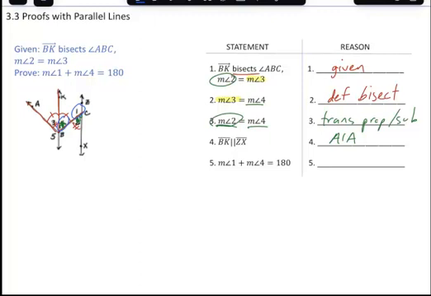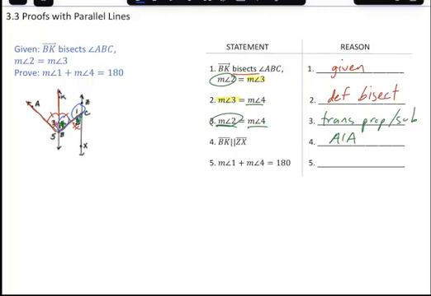Another way that we have that two things add up to 180 is the definition of supplement or supplementary. Do we have the word supplementary or supplement in our proof? No. Okay, now, it is true that angles 1 and 4 are supplementary because that means they add up to 180, but there is no word supplement to use as the definition.